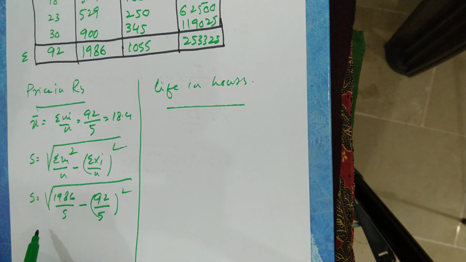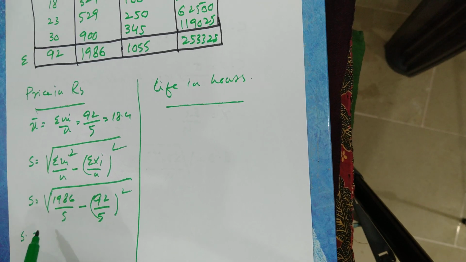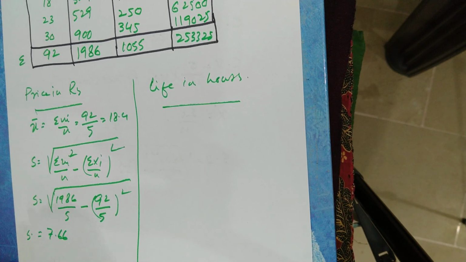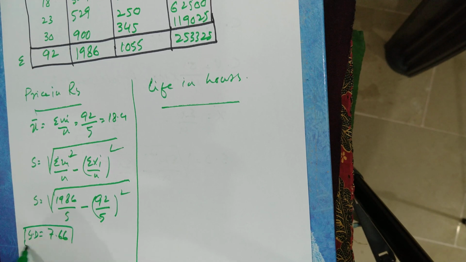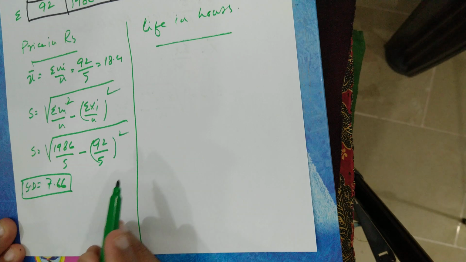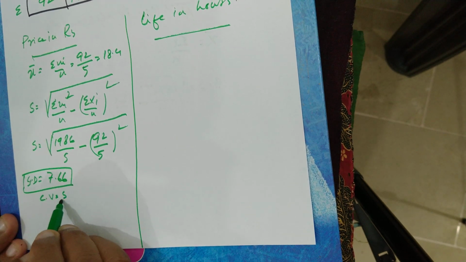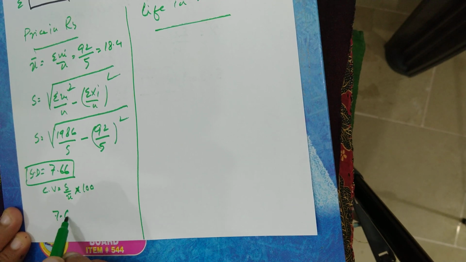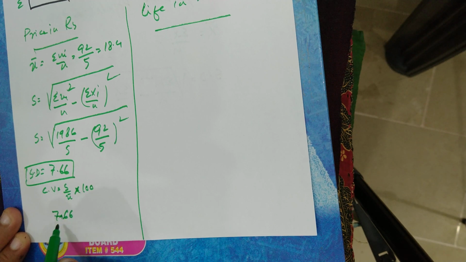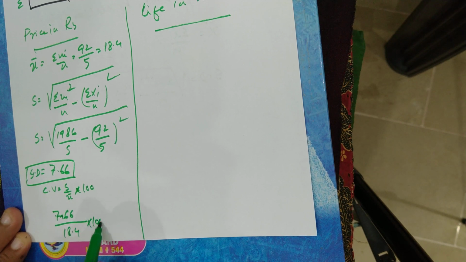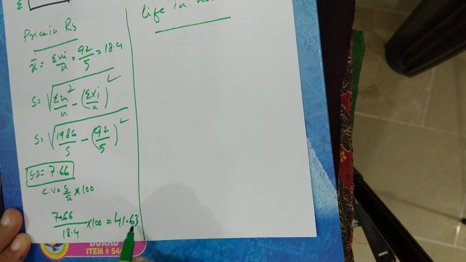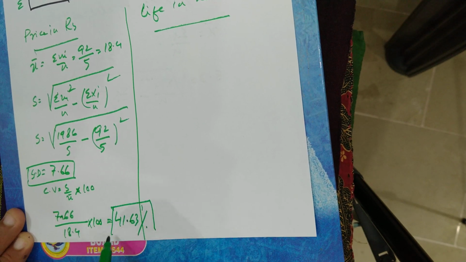After the calculation, the standard deviation is 7.66. Now put this in the coefficient of variation, s upon x bar multiplied by 100: 7.66 divided by the mean 18.4 multiplied by 100 is equal to 41.63%. This is our coefficient of variation for price.